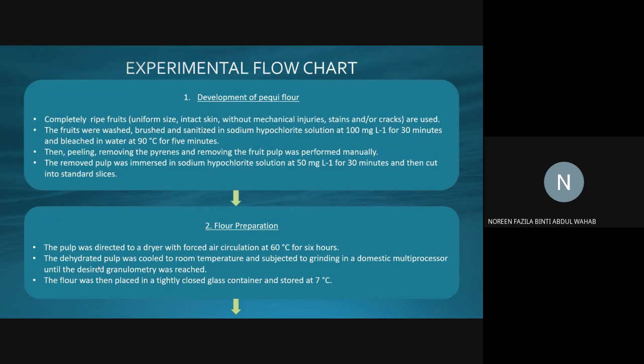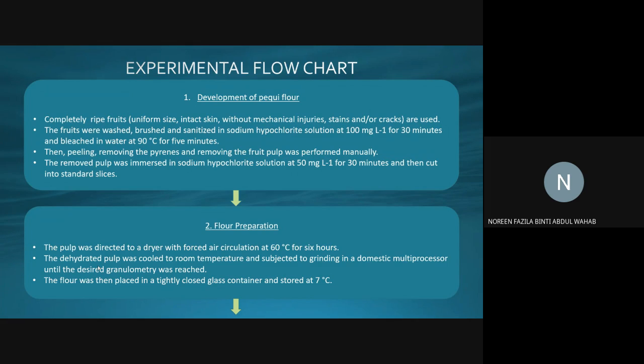The removed pulp was immersed in sodium hypochlorite solution at 50 milligram per liter for 30 minutes and then cut into standard size. After that, second step is flour preparation. The pulp was directed to a dryer with forced air circulation at 60 degrees C for 6 hours.